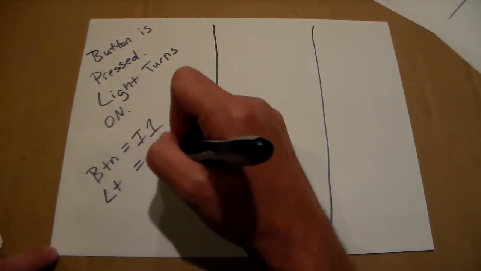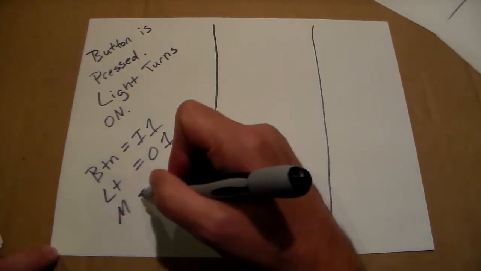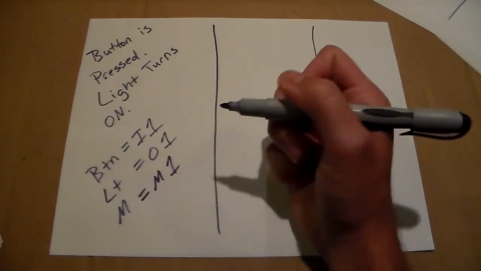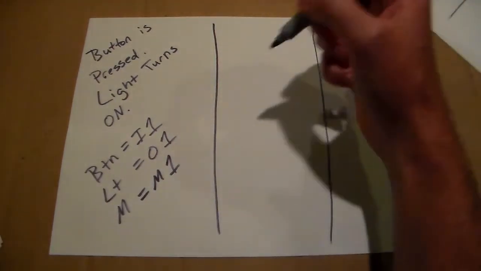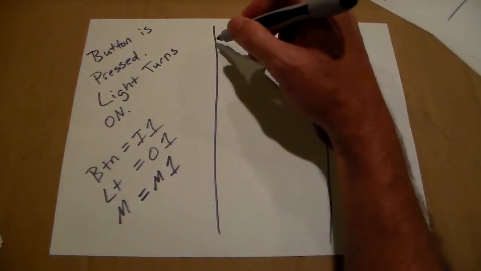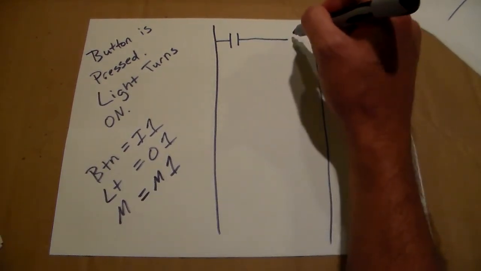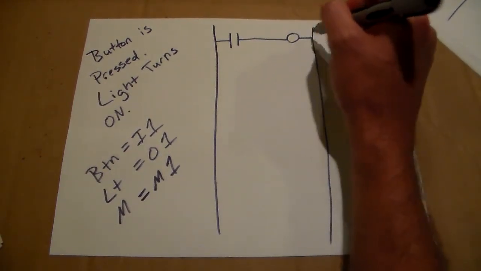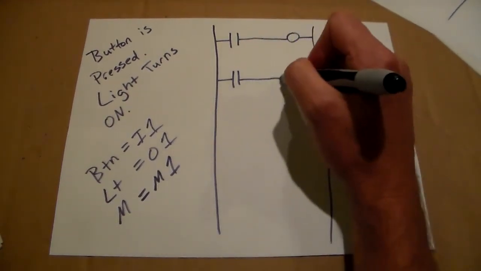Our light's going to still be O1, and our memory, I'm just going to use M1, but it could be M50 or M3000 or whatever we wanted it to be. It doesn't matter, just a unique M number to use. And programming's like anything else. You can write a program many different ways that all end up doing the same thing.